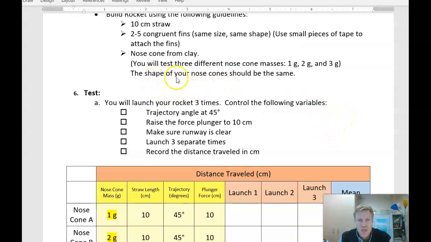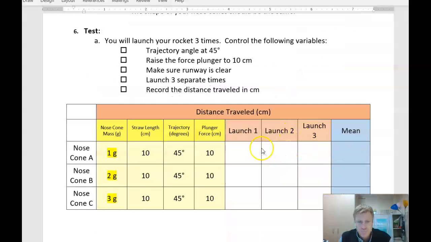The shape of your nose cone should be the same for all of your testing today. Now, when you launch your rocket 3 times, you need to control the variables. From this table, it's probably easier to see. The only variable that we're changing is the mass of the nose cone. The shape should be the same, but the size or weight will be different.